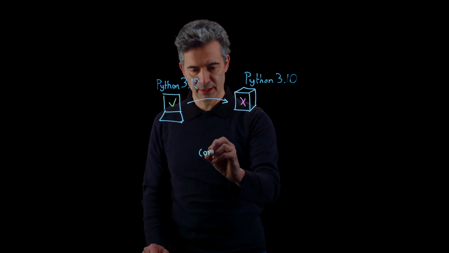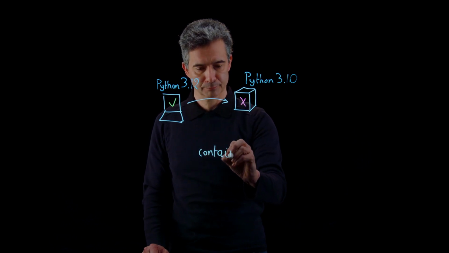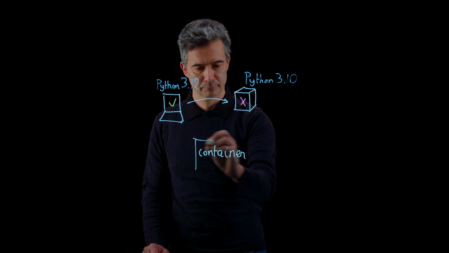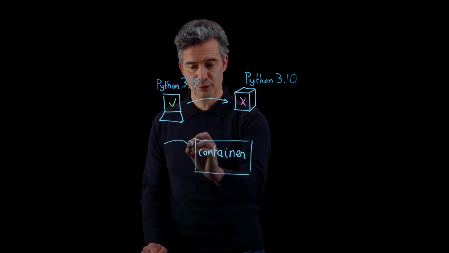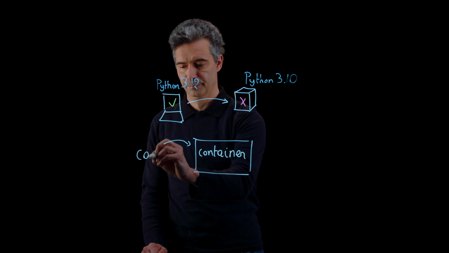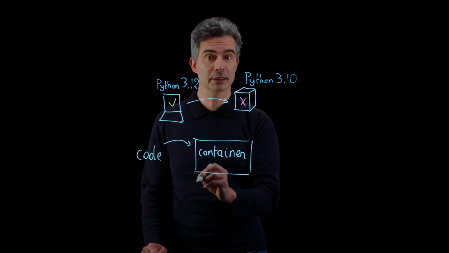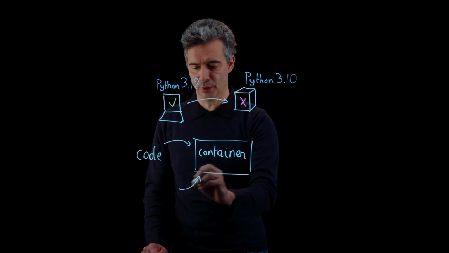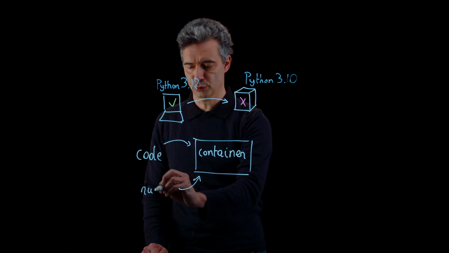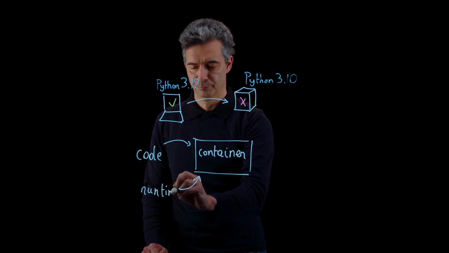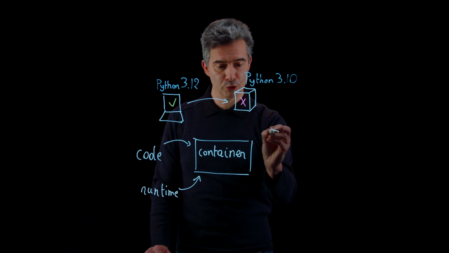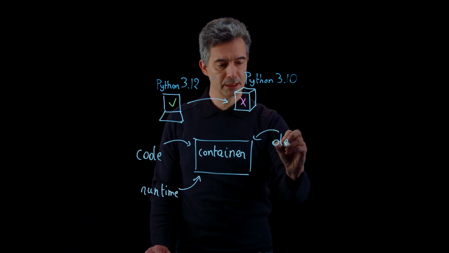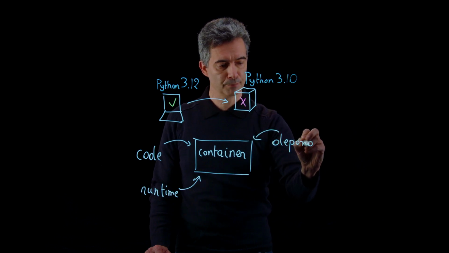So if we have a container, we'll actually make a combination of not just the code itself, which you obviously need, but also the actual runtime that we are planning to use, assuming here Python 3.12, for example. Also, all the dependencies that we might need to run this code.